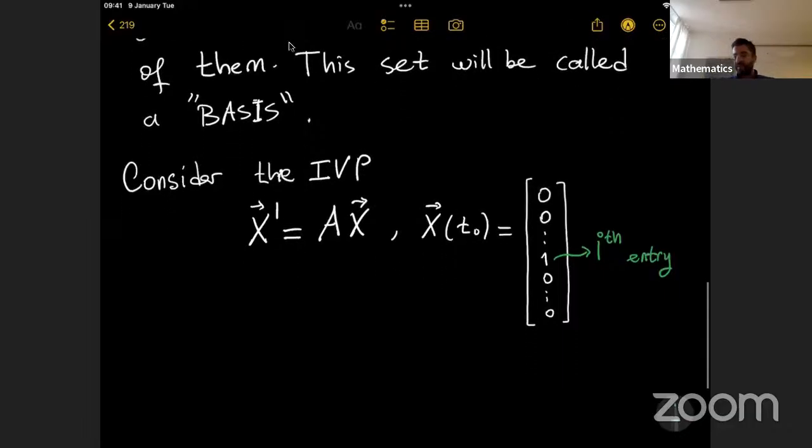Then the existence and uniqueness theorem says, we did this for ODEs, but it is also true for systems of ODEs, that there is a unique solution to this system.